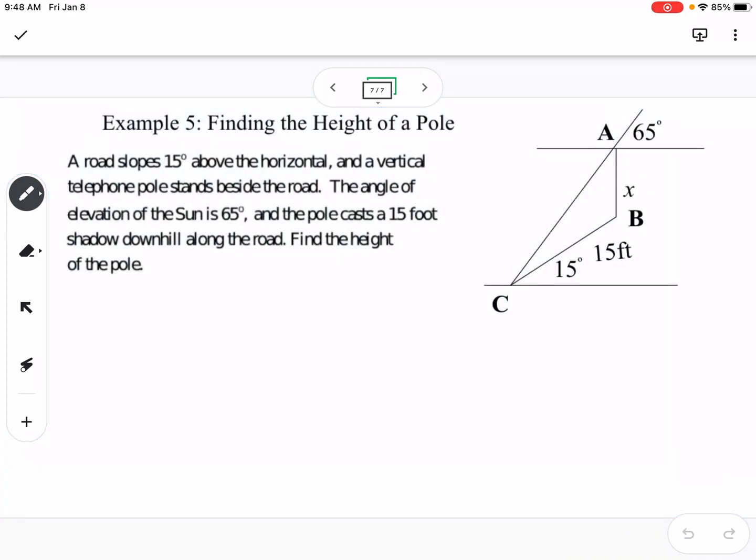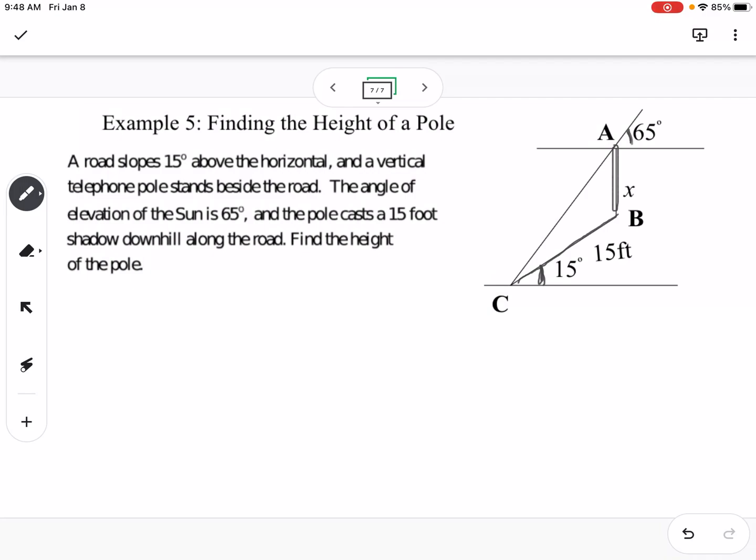Okay, our last example is an application problem. So it's finding the height of a pole. It said a road slopes 15 degrees above the horizontal. So here's our road. Okay, and a vertical telephone pole stands beside the road. So this right here is our vertical telephone pole. The angle of elevation of the sun is 65 degrees.